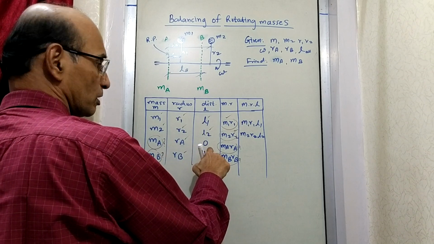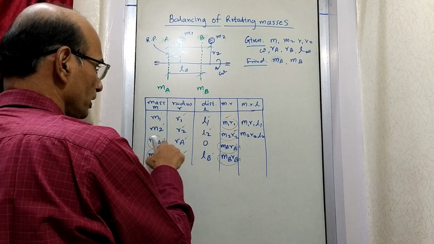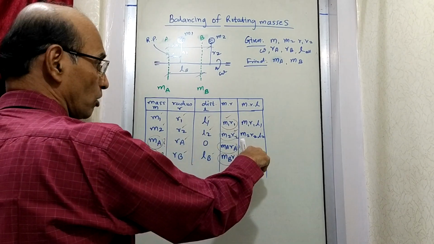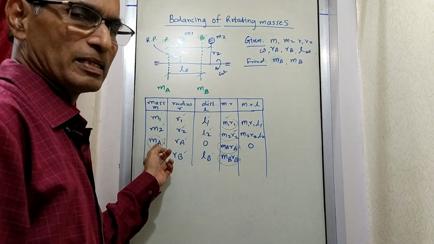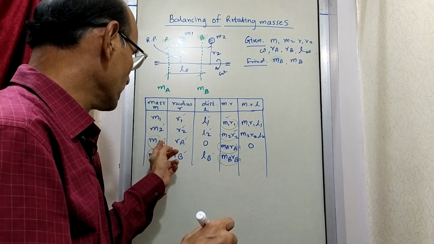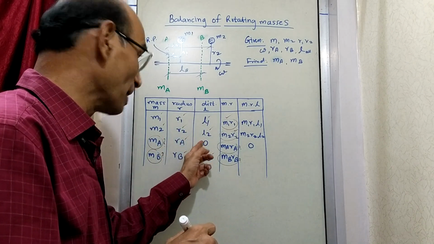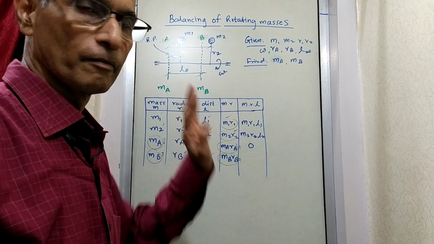Can you find out? MA is not known. But not known into RA into 0. Can you find out? Yes. This will be definitely 0. Whatever is the mass, although we don't know how much it is, whatever it is, when you multiply this by 0, it is going to be 0. So we can definitely write 0 here.